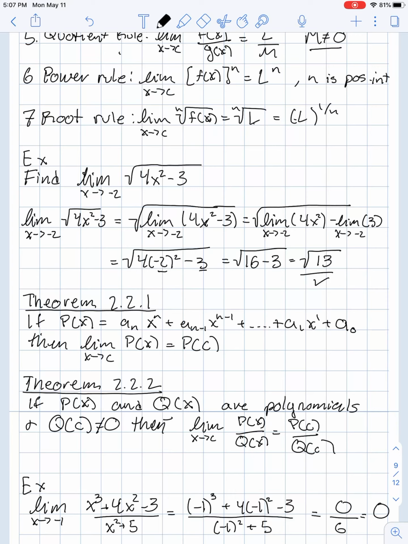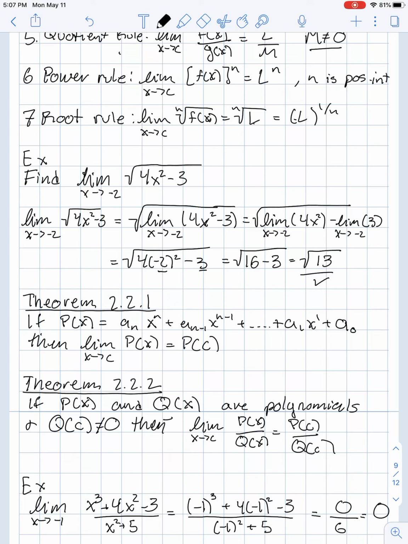That's how I get -1 cubed plus 4 times -1 squared minus 3 over -1 squared plus 5. So that's going to equal -1 plus 4 minus 3 divided by 1 plus 5. So 0 divided by 6, which is just 0.